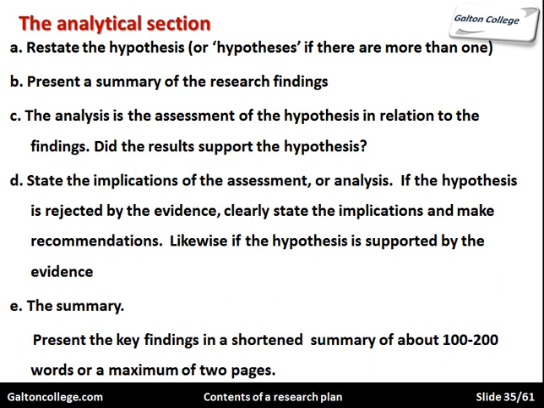Present the key findings in a shortened summary of about 100 to 200 words, or let's say a maximum of about 2 pages. The summary is a brief winding up of the analytical section. It talks about the hypothesis which has been accepted or rejected based on the evidence, and what are the implications of that.